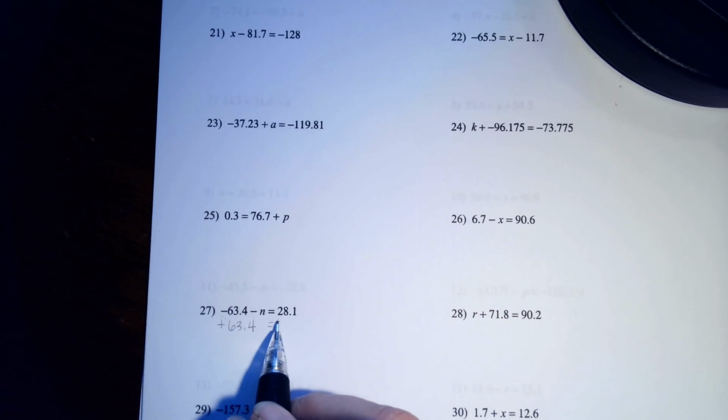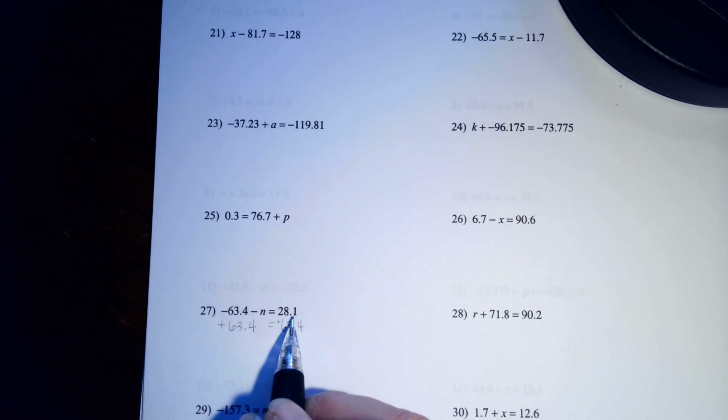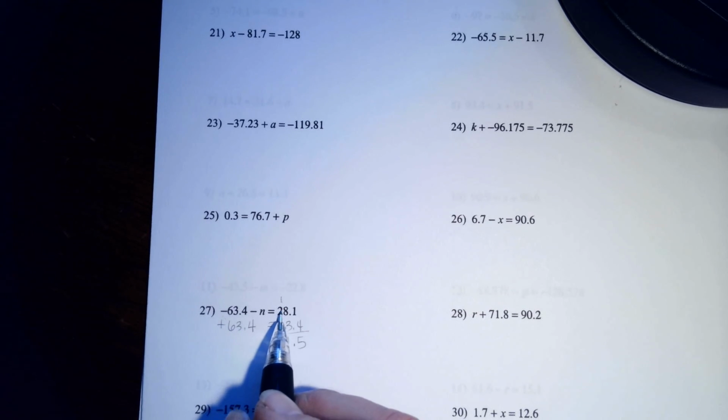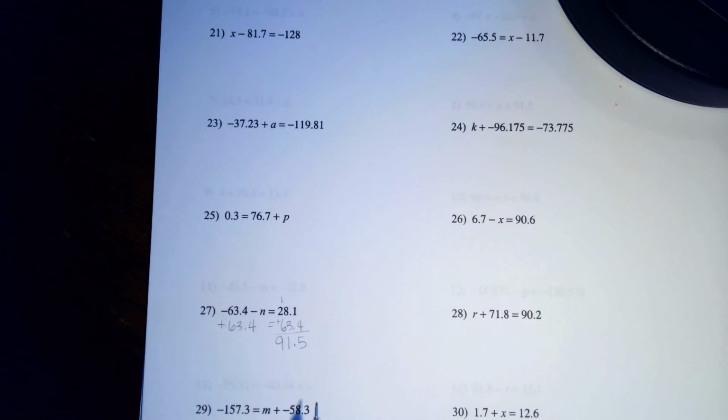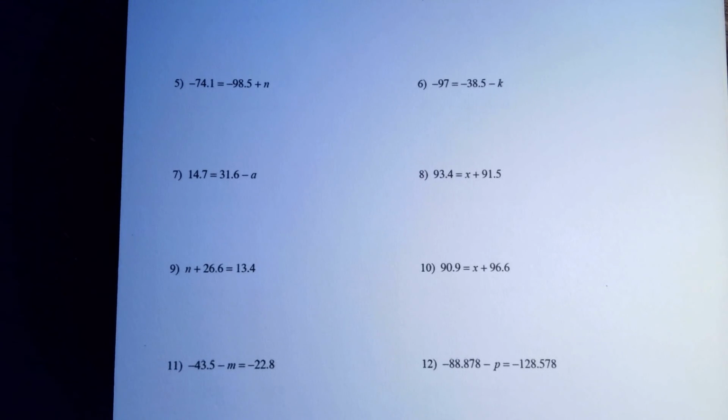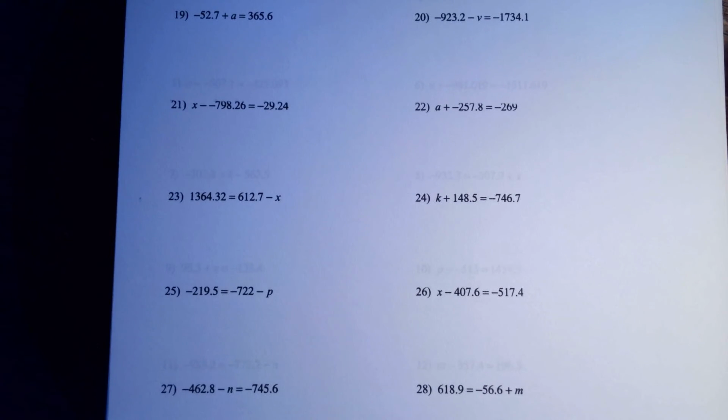Anything you do to one side, you do to the other. 0.1 minus 0.4 is 0.5. 8 plus 3 is 11. 6, 7, 8, 9. And then what we're left with on this side is negative n. So we just multiply it out. And this cancels each other out. N equals negative 91.5. So I think those ones are similar.